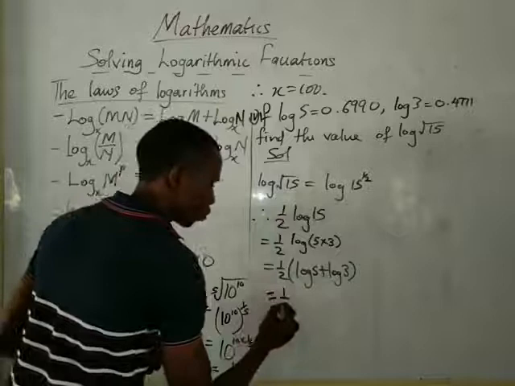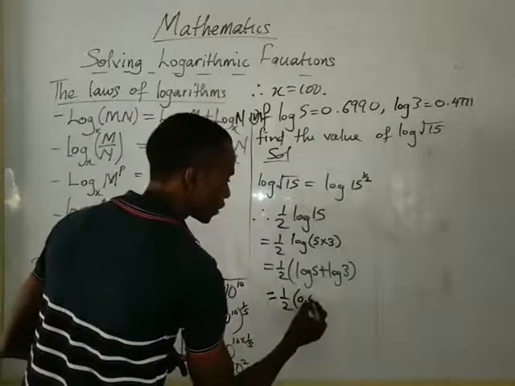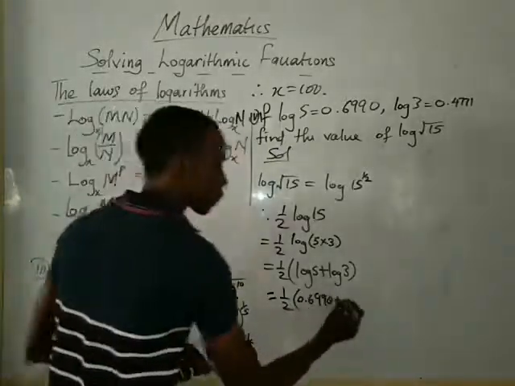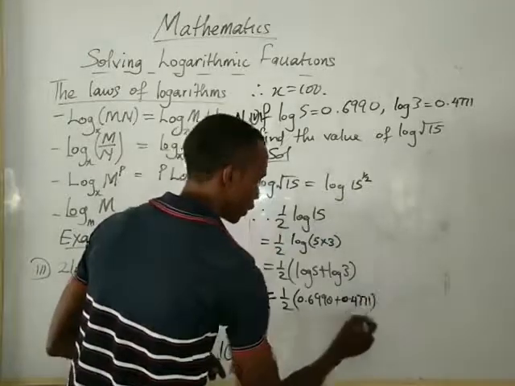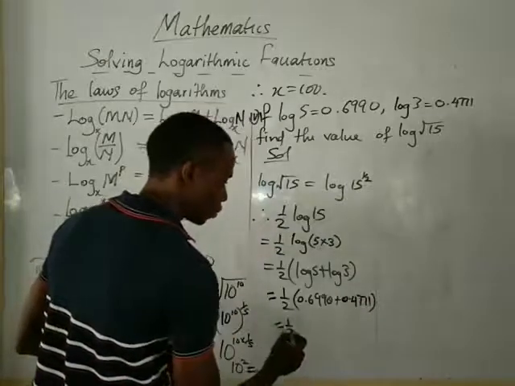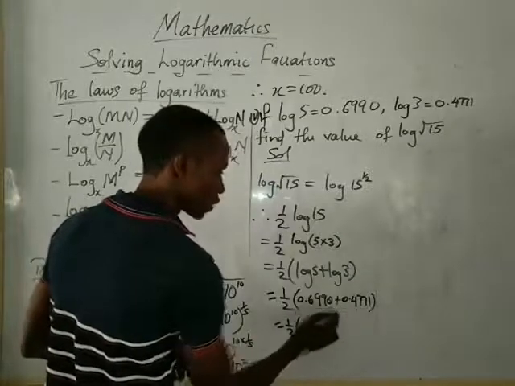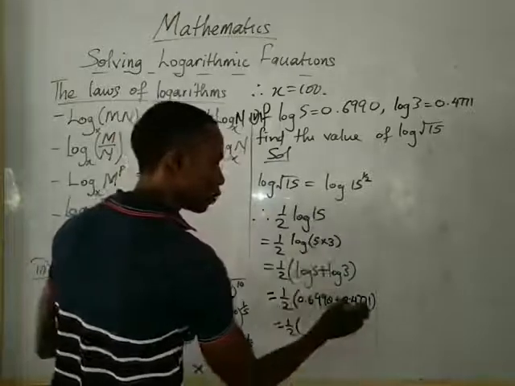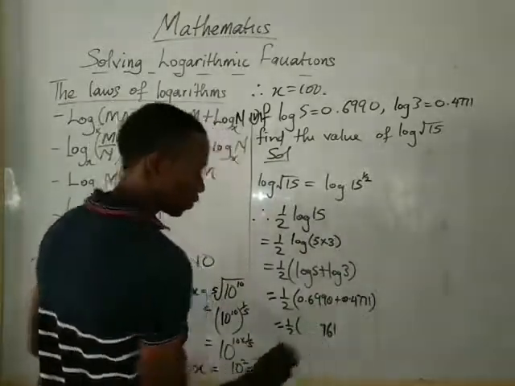Now I am going back to the question given to us. I can now replace log 5 with 0.6990 plus my log 3, which is 0.4771. That will give me half into: 1 plus 0, 1; 7 plus 7, 7 plus 9 giving me 16, remainder 1. Bring that 1 to this, that makes it 8. 8 plus 9 giving me 17, remainder 1.